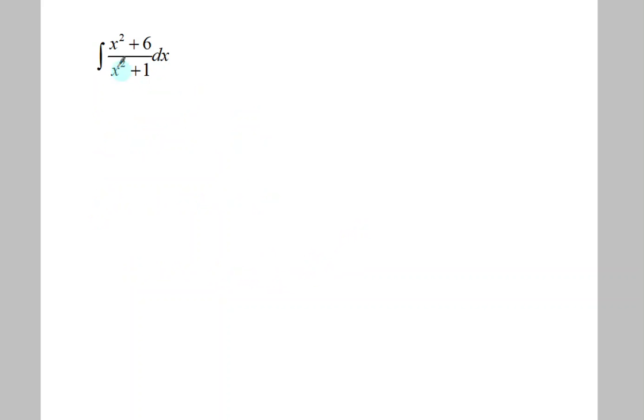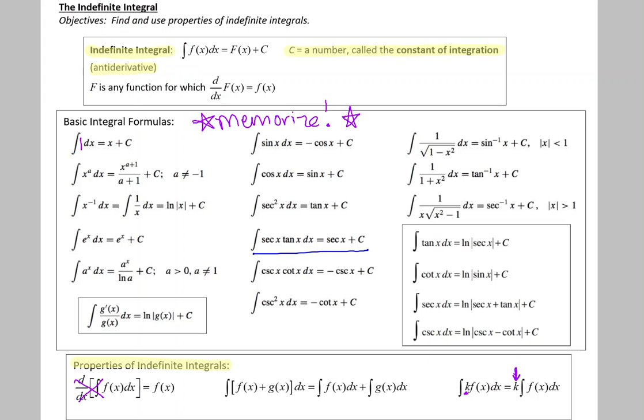Let's find the indefinite integral of x squared plus 6 divided by x squared plus 1. Remember, we cannot have a quotient and do the antiderivatives of parts of the quotient. We need to make it into something that is from our list, using only properties of indefinite integrals that are true.